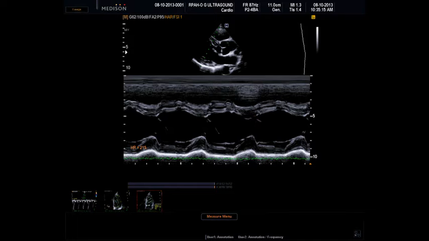So what we can do here is measure the chamber and the septal thickness and the posterior wall thickness. We'd normally have the patient connected up to an ECG and use the ECG to guide you to end diastole and end systole, but we'll just approximate it. So we measure the intraventricular septum here.